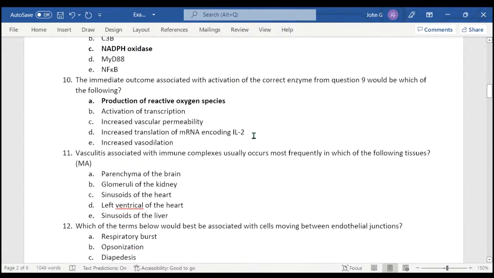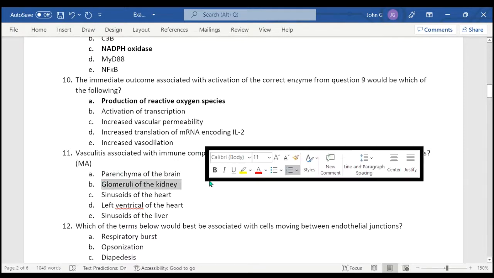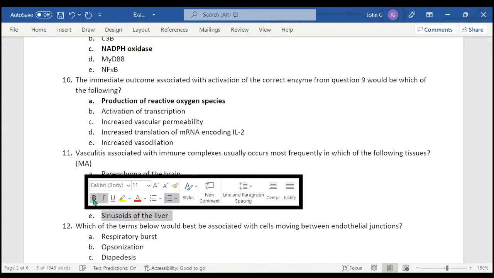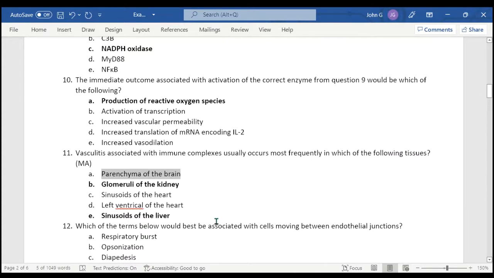Vasculitis associated with immune complexes usually occurs most frequently in which of the following tissues? So this is going to go with the type 3 hypersensitivity stuff. And that's going to include glomeruli of the kidney and the sinusoids of the liver. Okay, the brain is not usually going to be a place where immune complexes cause damage. Sinusoids of the heart, there are no sinusoids in the heart. And the left ventricle of the heart is definitely quite large.